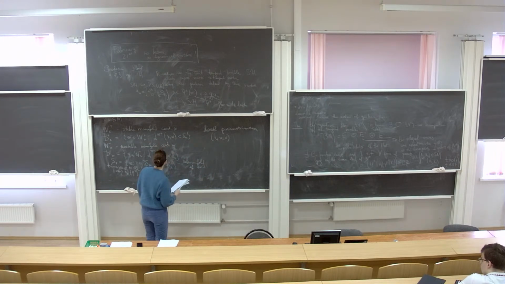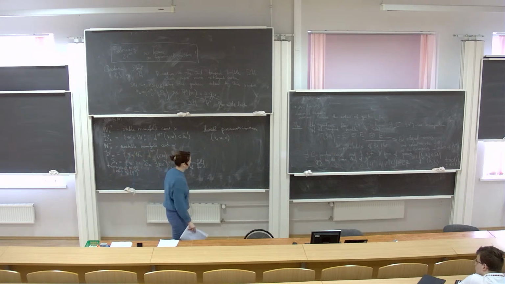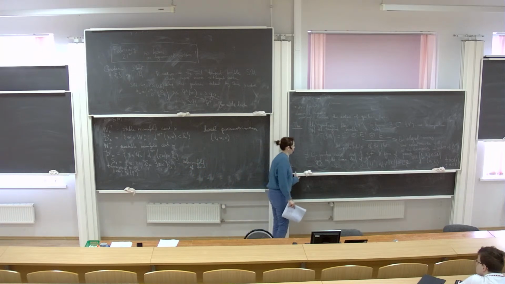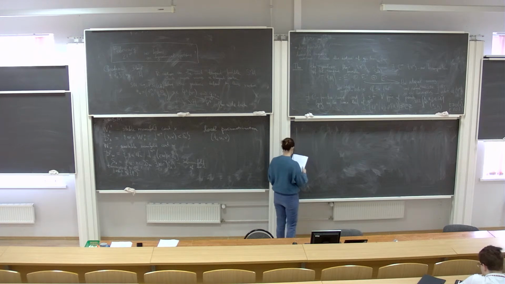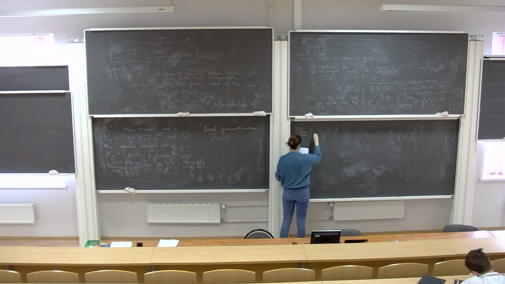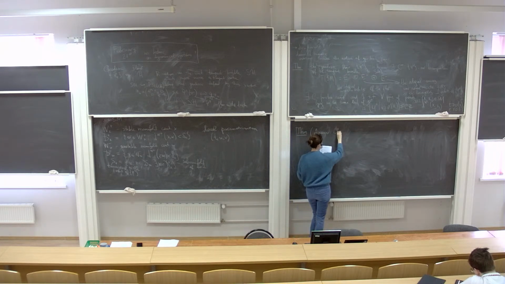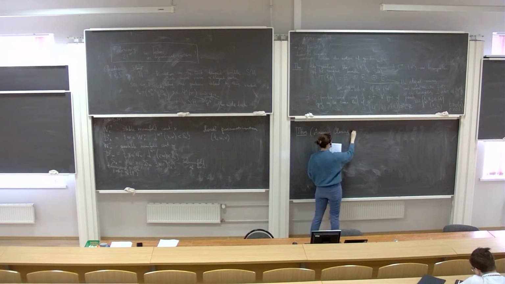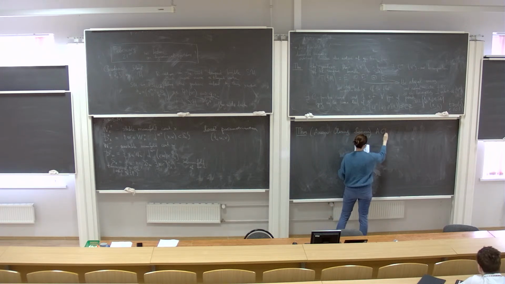So now, once we have fixed all these notations, we are ready to state the theorem that is also named after Anosov. It's called the Anosov-Closing Lemma. So, theorem. We will refer to it as ACL.